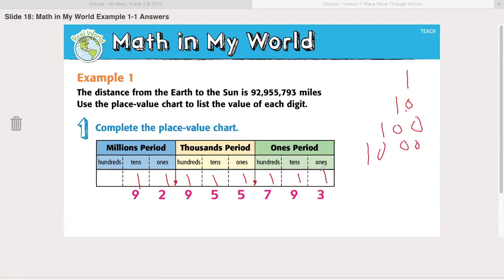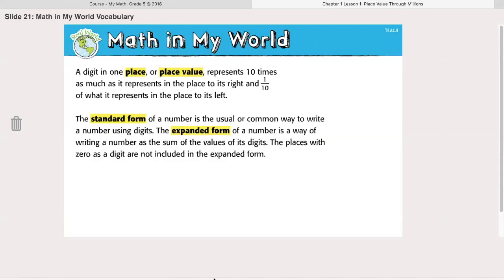So every box is worth 10 times as much as the box to its right, and 10 times less than the box to its left. A digit in one place or place value represents 10 times as much as it represents in the place to its right, and 1/10 of what it represents in the place to its left.